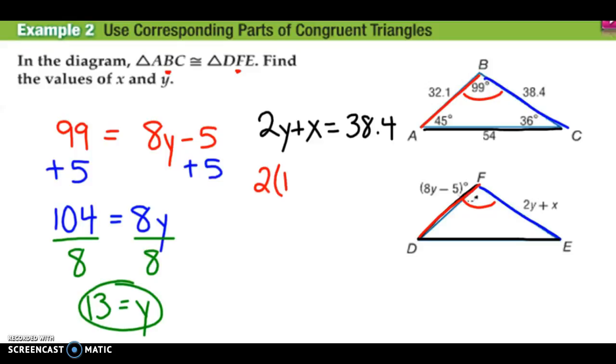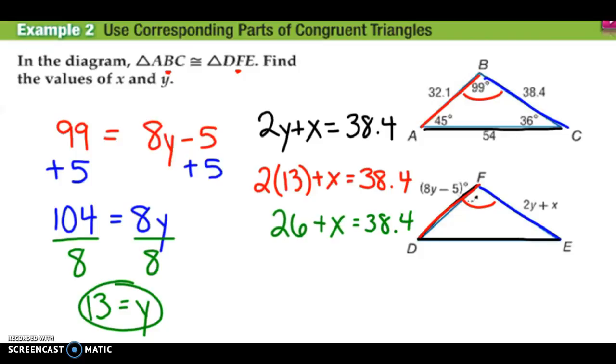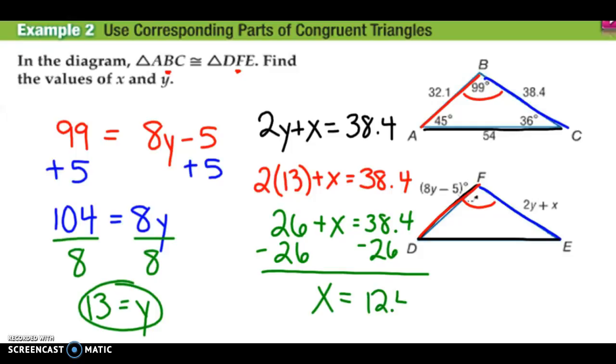So I'd say 2 times 13 plus x is equal to 38.4. 2 times 13 is 26 plus x is equal to 38.4. Subtract 26, and I find that x is equal to 12.4. There are my two answers.